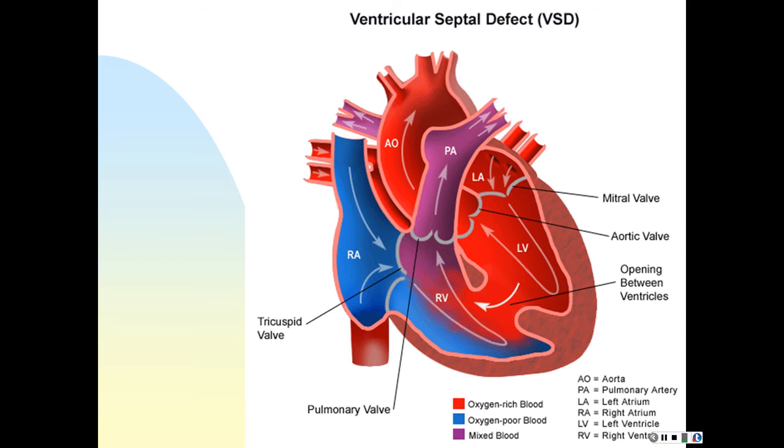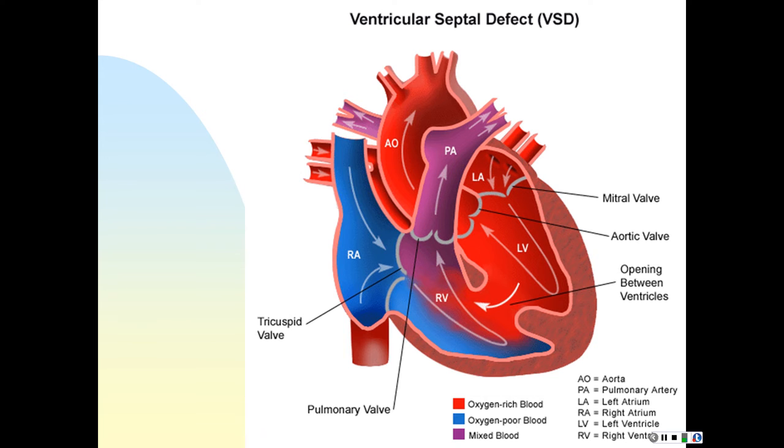Now remember when we were talking about the hole in the atrium, we said that they would leave that until they get to kindergarten age and see if it's going to close on its own. Unfortunately, down here, we cannot do the same thing because it's so close to the pulmonary artery and it gives us so much more blood flow up there that the body can actually start to develop permanent vascular changes due to the high amount of blood flow and pressures going to the lungs.